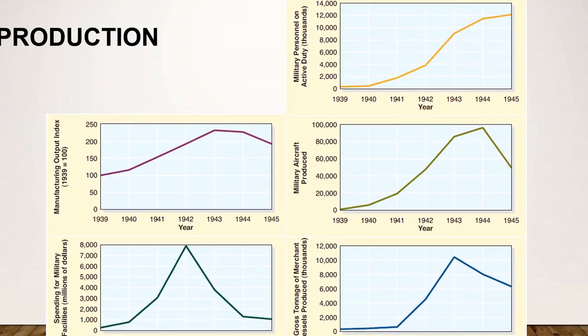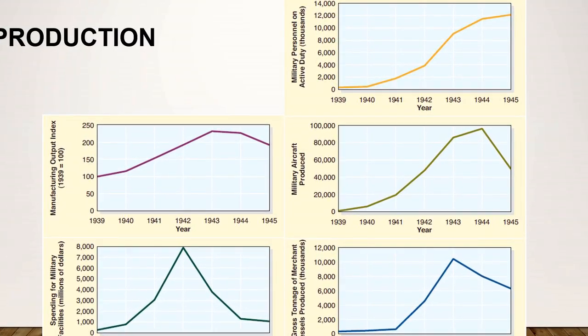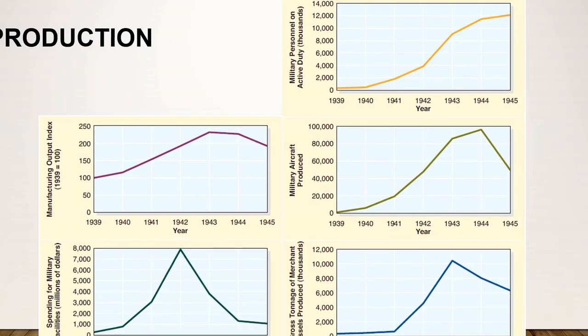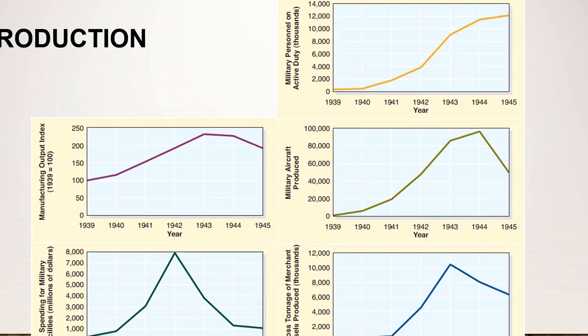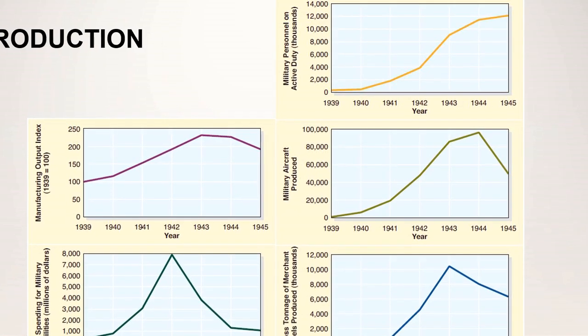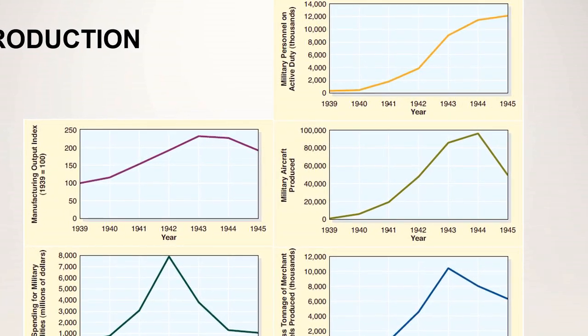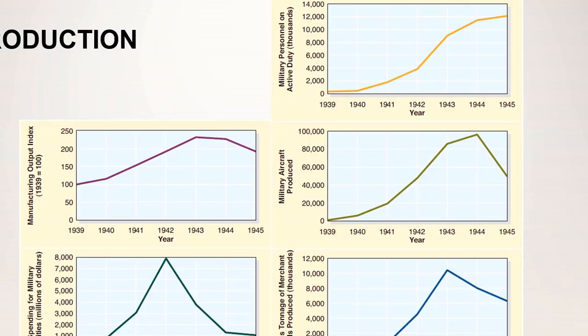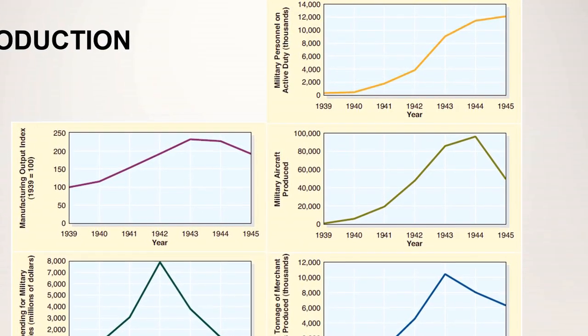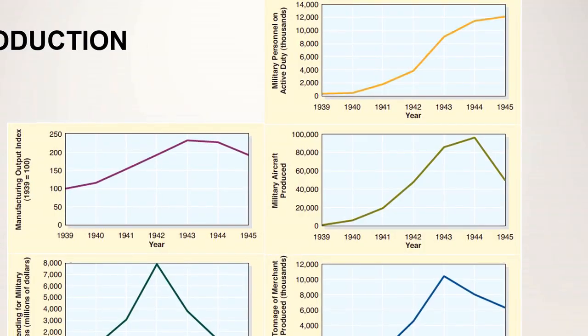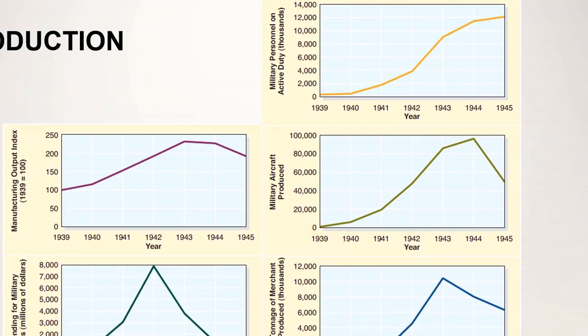By 1943, we've more than doubled the industrial capacity. That's what that chart means. And then the one below it, spending, you can see this massive uptick in spending. 1942, we got to build all those airfields, the barracks, all of that stuff. The spending goes down because we've already built a lot of the stuff we need for the war, but still far exceeds anything we've ever done before.